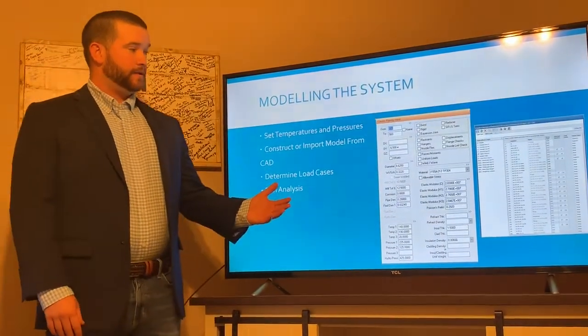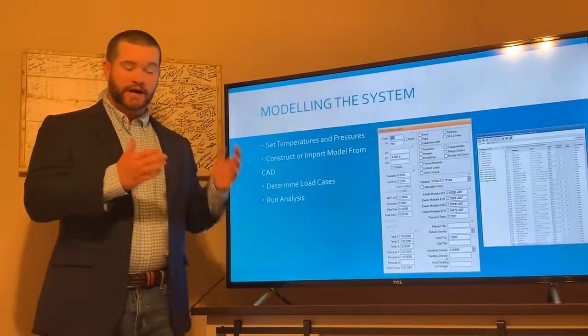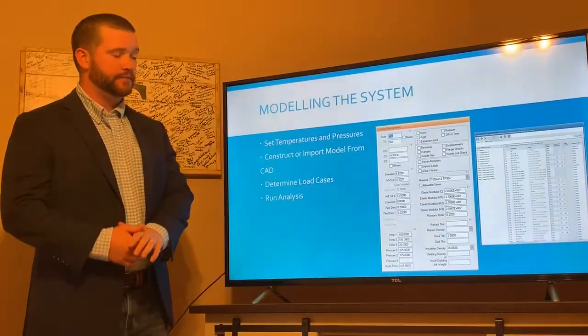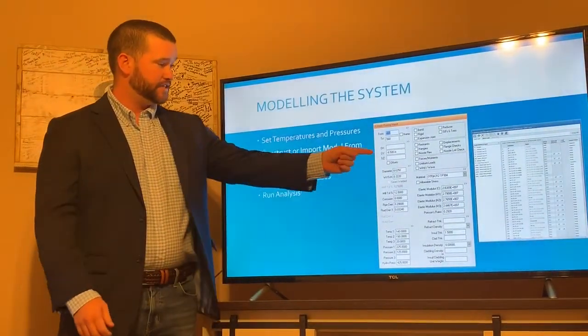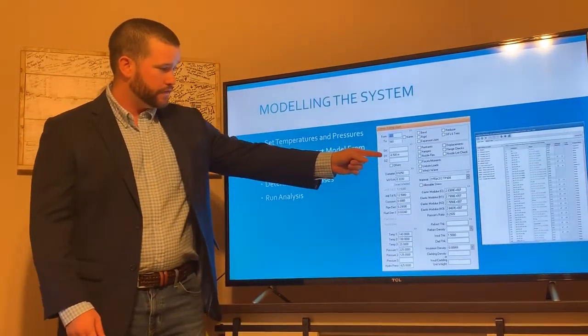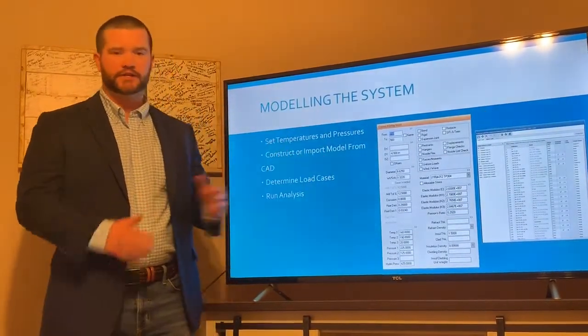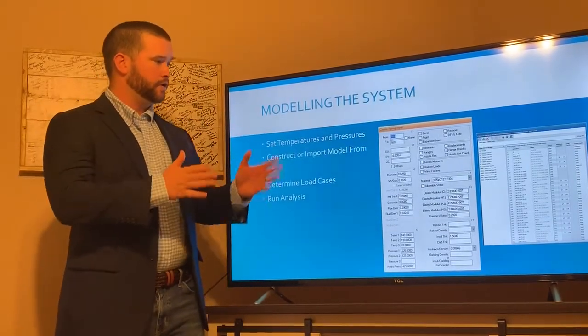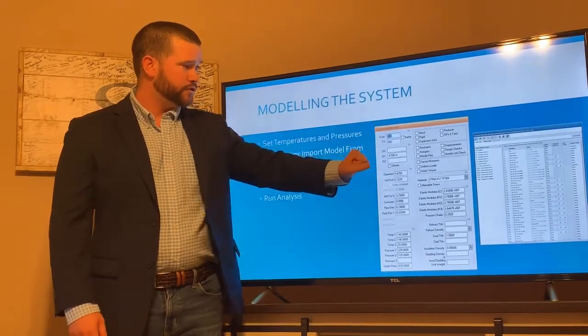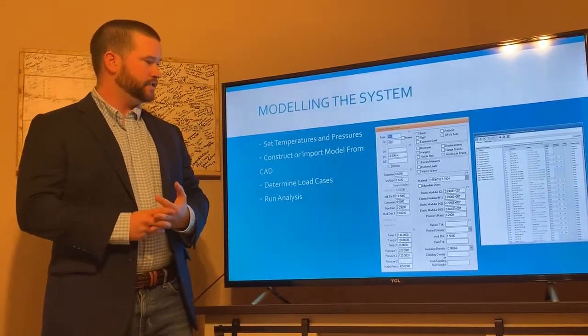Okay, then your next step is to look at your ISOs and build your model. You're going to start from the beginning, and you're going to go step by step using these options here. You can go in the Y, Z, or X direction and build your pipe out, run it along, turn it. You can add bends, you can add reducers if your pipe changes size on the ISO.